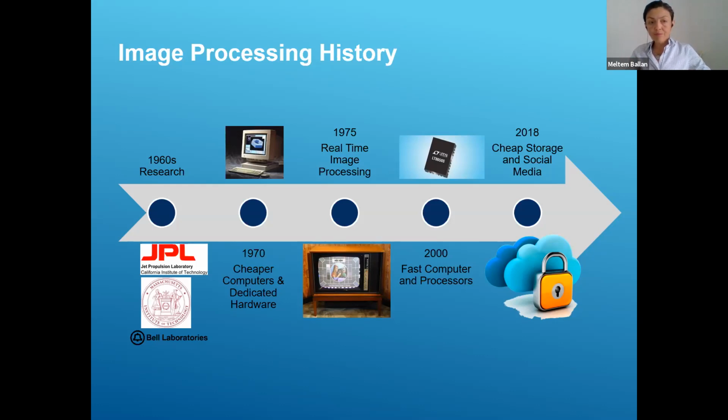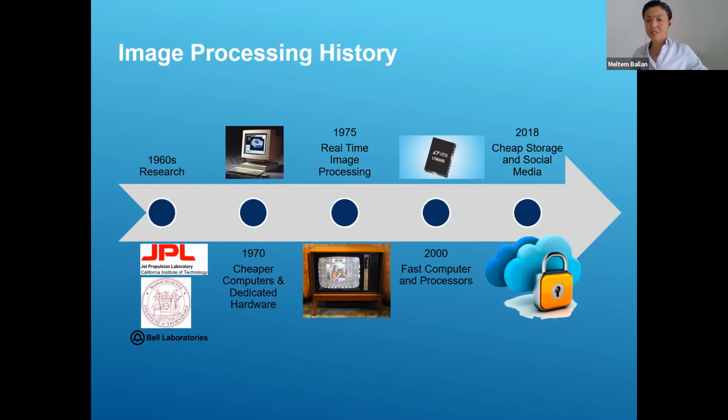For example, JPL, MIT, and Bell Laboratories were developing communication and internet technologies for the military, and eventually it became available for us to use in the 1970s. Real-time information processing became possible in 1975, and we were able to watch color TV.